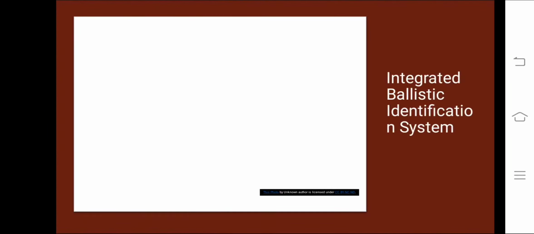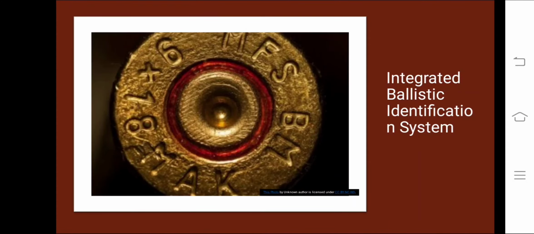Other than that, we also have the IBIS, or the Integrated Ballistic Identification System. Similar to the concept of fingerprints or AFIS, there will be photographs of bullets or shells recovered at the crime scene.